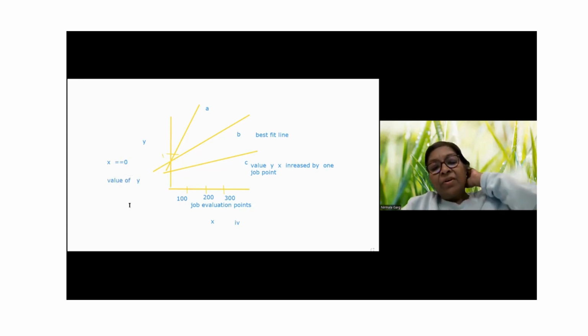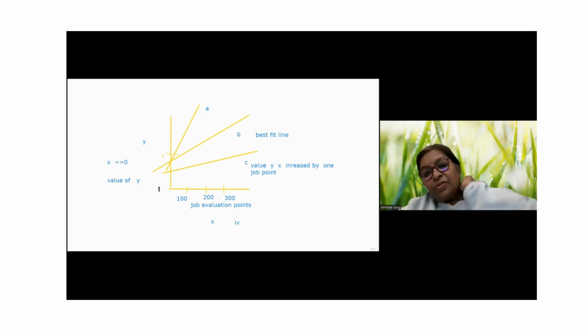Are you very clear now? When your X is 0, what is the value of Y? That's called the intercept. Intercept means the best fit line intersecting with the Y.